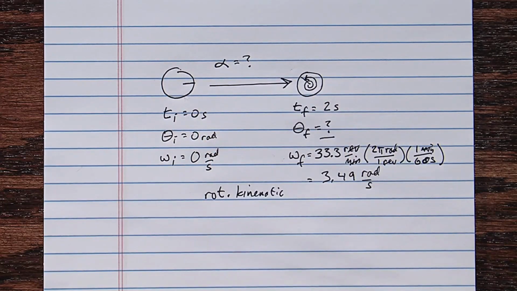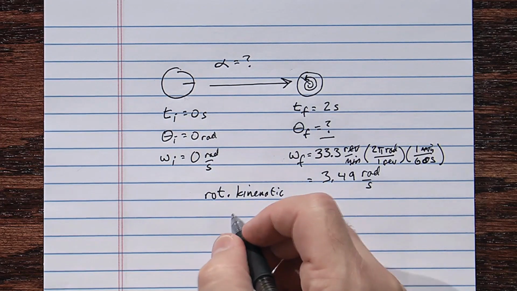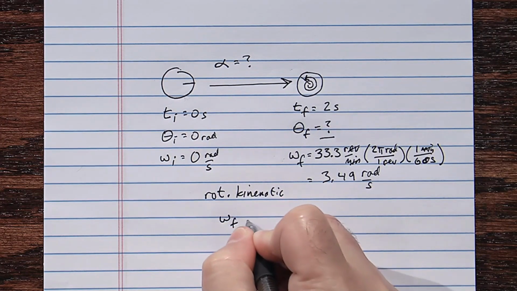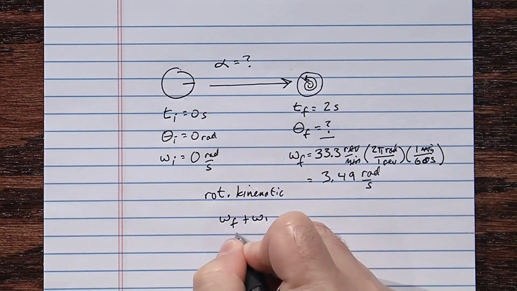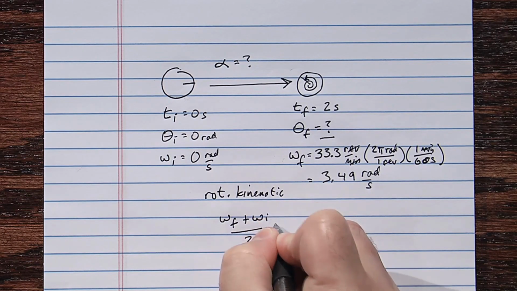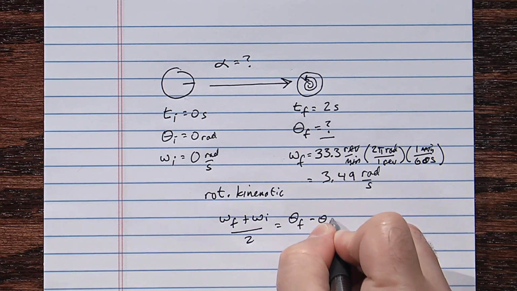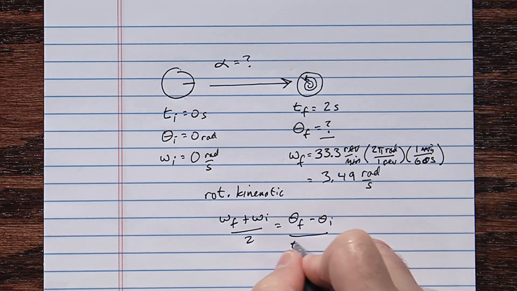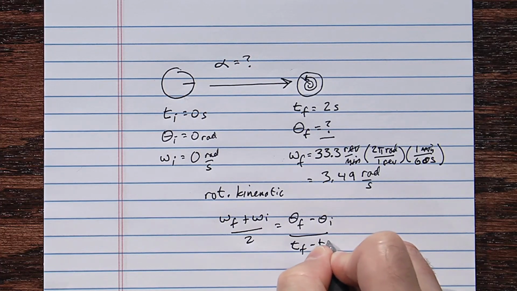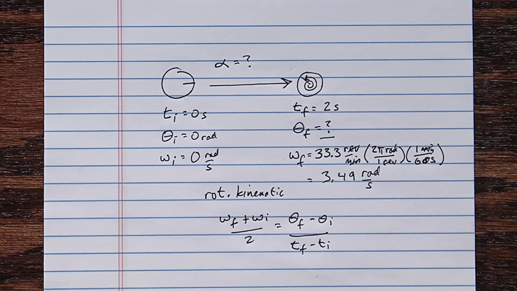So we must choose the equation that has theta final in it, but doesn't have alpha in it. And that equation is omega final plus omega initial divided by 2 is equal to theta final minus theta initial divided by t final minus t initial. This equation has everything we need in it and not what we don't need.